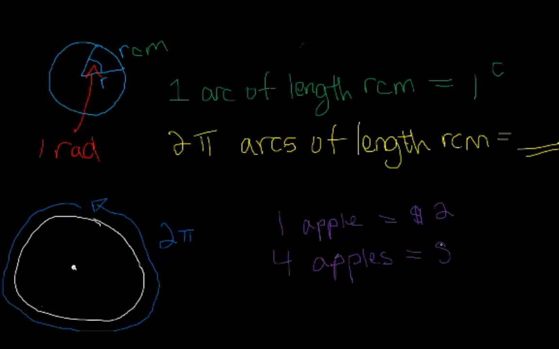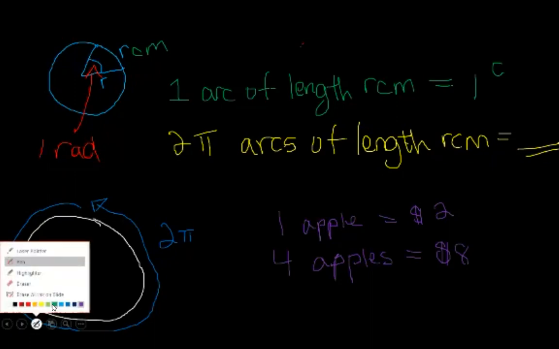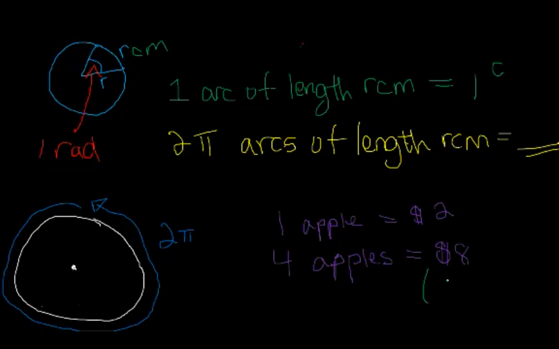And how did you get 8? 2 times 4. If 1 apple is $2, then 4 apples is $2 times 4.